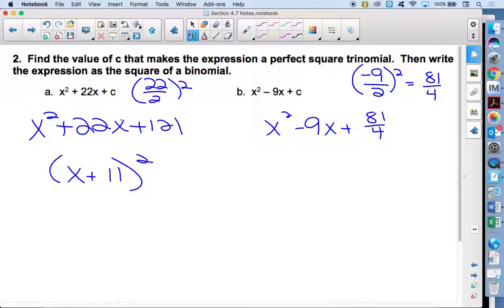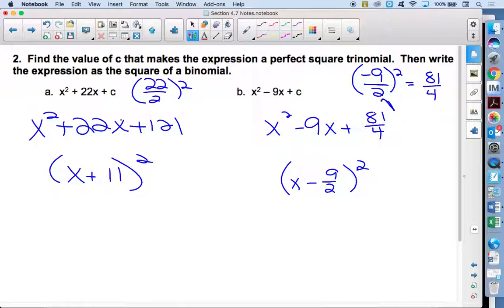So when you go to factor it, what number goes in the factored form? Negative 9 halves. Nice job, Sam. So here we used 11 because the square root of 121 was 11. If I have 81 over 4, the square root of 81 over 4 is 9 halves.